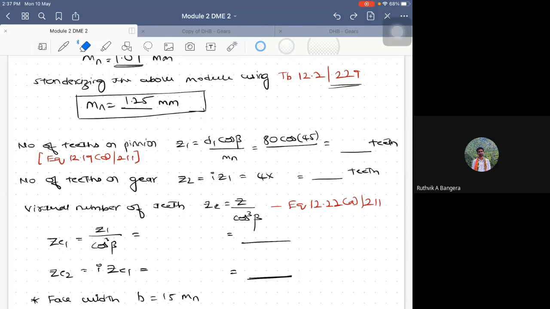But here you can just apply it for the pinion. Z1 is equal to d1 cos beta divided by mn. So mn, you have just calculated it as 1.25. Just substitute it and give me the number of teeth on the pinion.